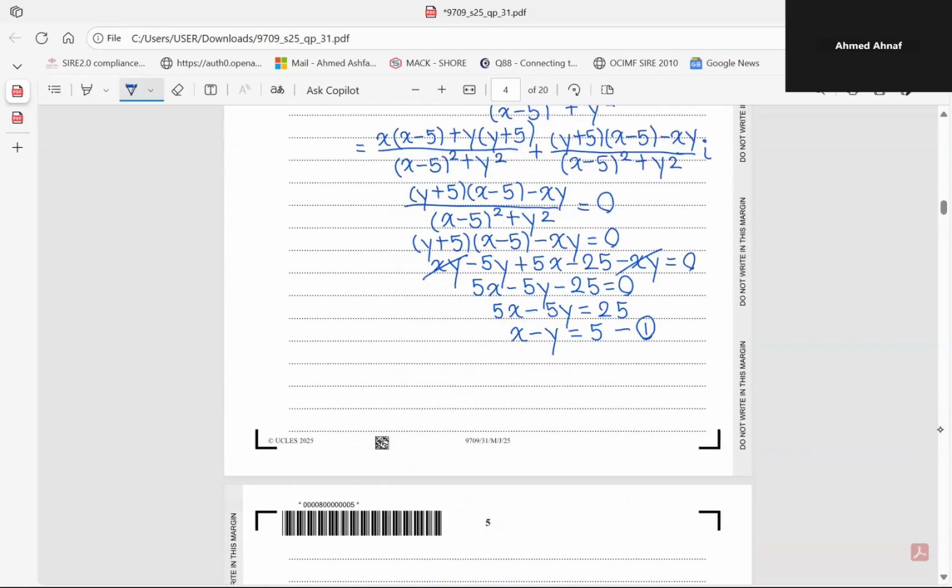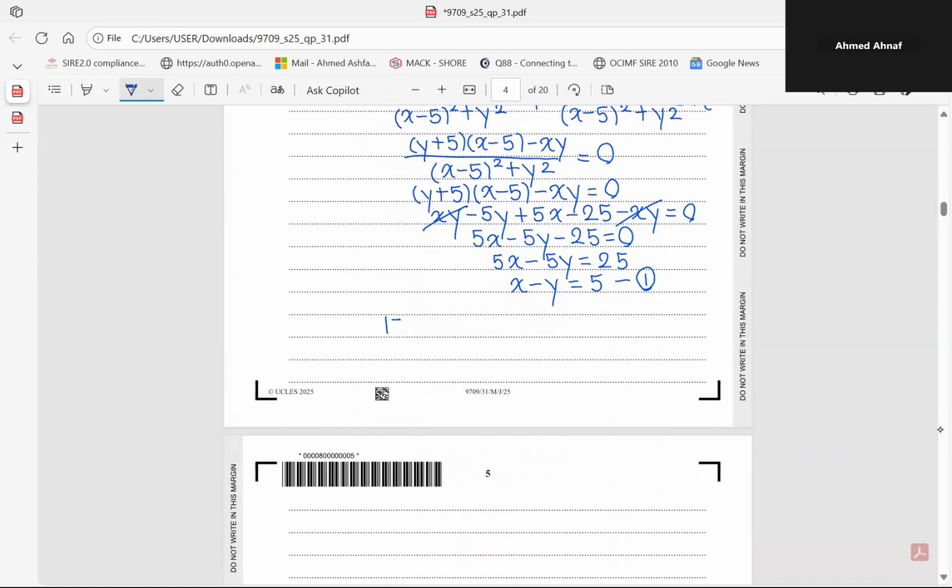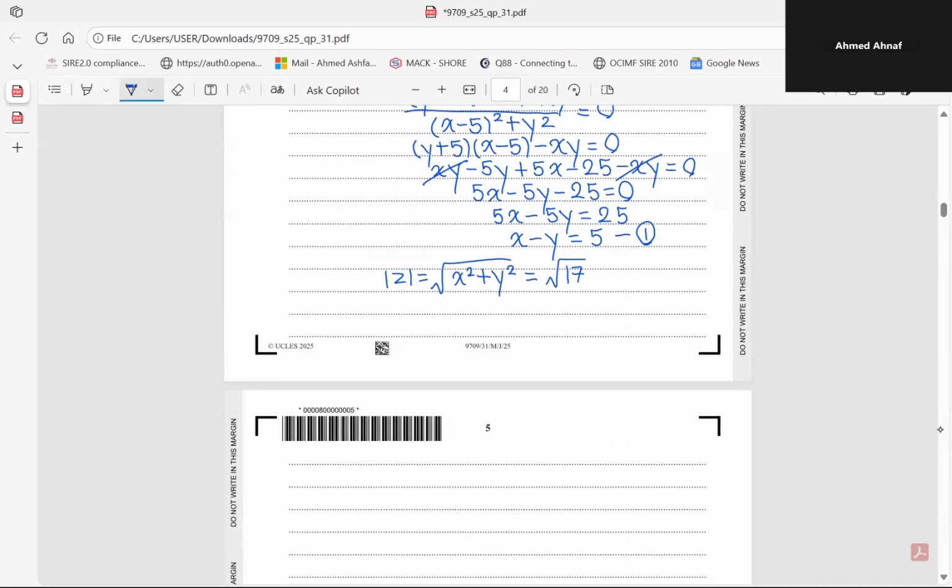To find the modulus of z, you just take the square root of x squared plus y squared, and that equals square root 17. Let's make x the subject for the first equation, then we'll have x equals y plus 5.